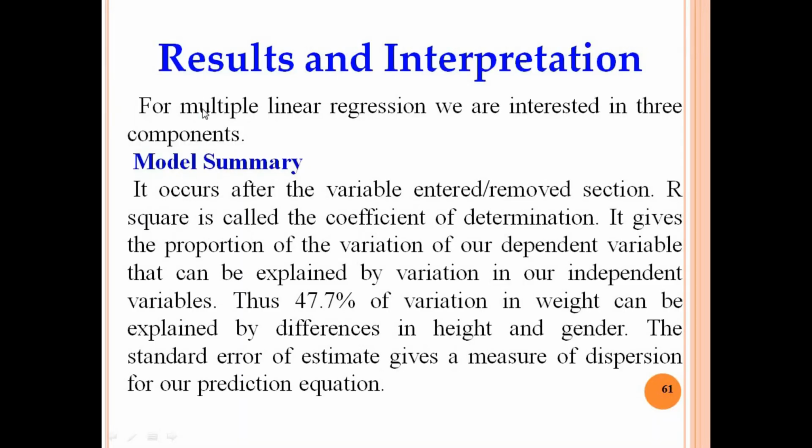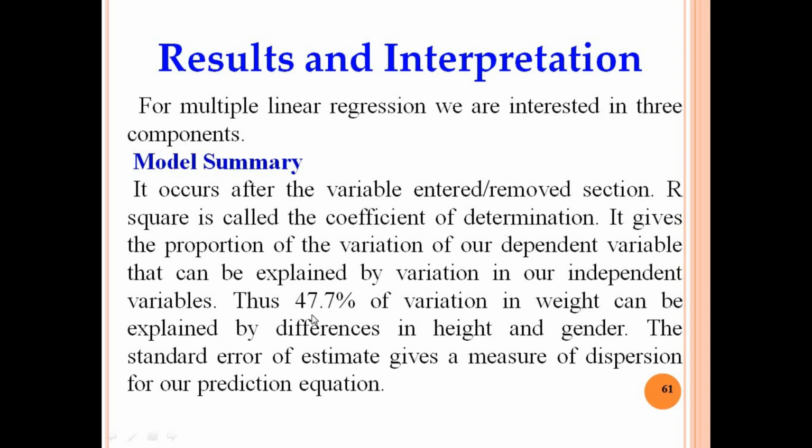Now for our result and interpretation: for multiple linear regression we are interested in three components. What is the model summary here? This is also the same, it occurs after the variables entered/removed section, and R square is called the coefficient of determination, which gives the proportion of the variation of our dependent variable that can be explained by variation in our independent variables.